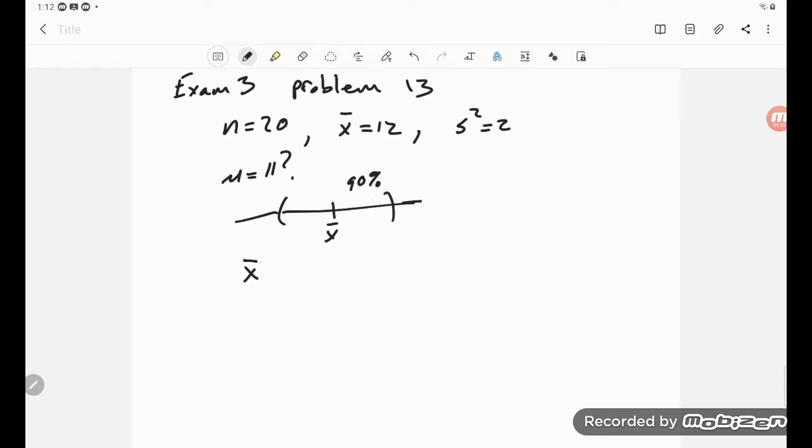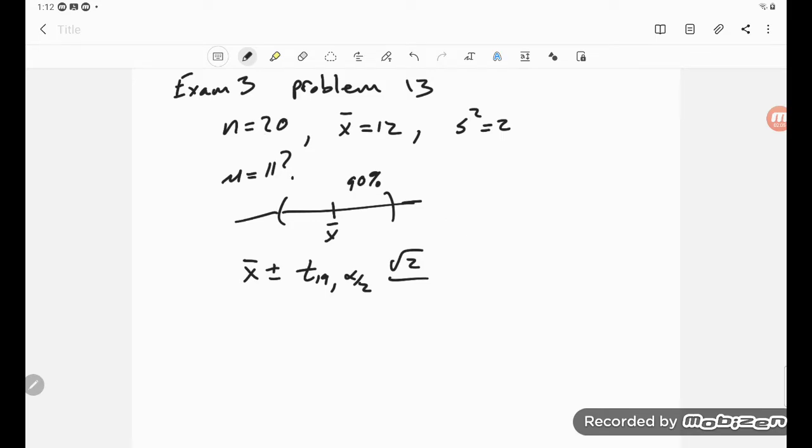And so, I need my x bar plus or minus. Now, n is only 20, so I really probably ought to use a t, t sub 19 degrees of freedom, and my alpha over 2, times my s, so I've got square root of 2 over the square root of n.